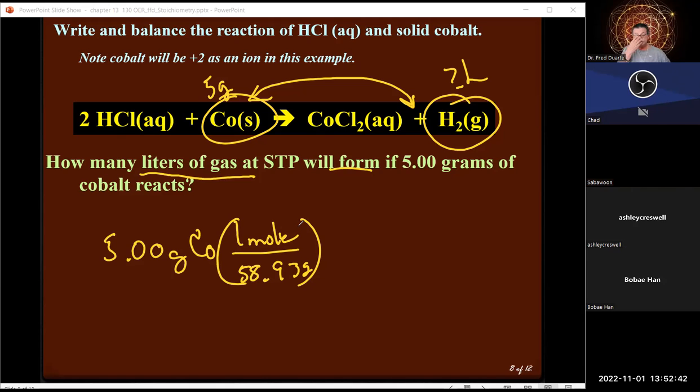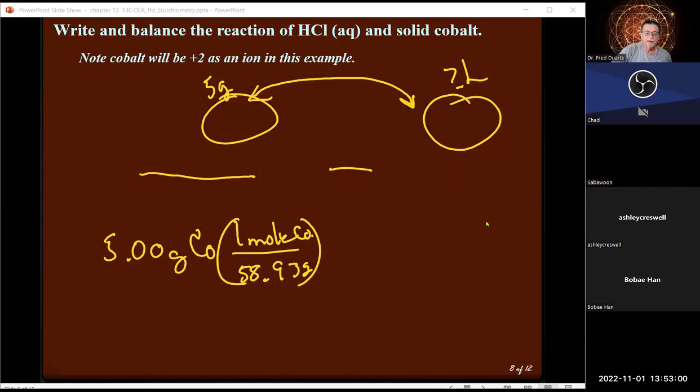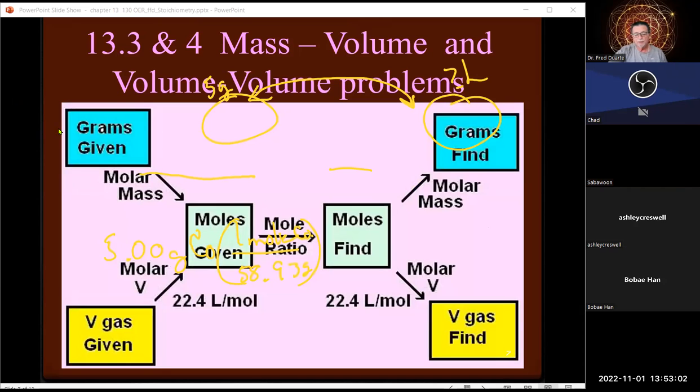Okay, and that puts us in moles of cobalt. We are going from grams given to volume.